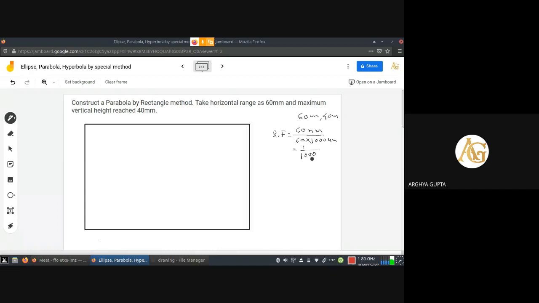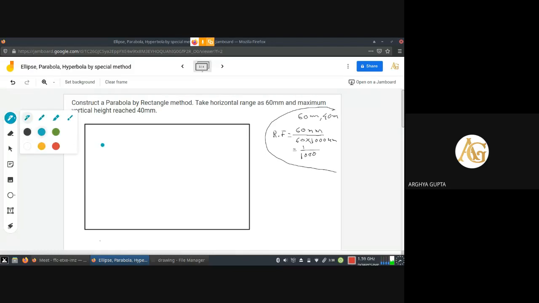But in our drawing, the measurements are directly given as 60 mm, 40 mm, so this calculation is not required here. I just made that calculation for you to understand, so don't do that.